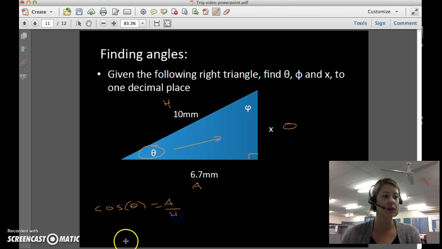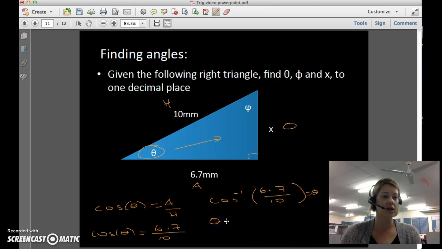So I have cos of theta equals A, which is 6.7 because they're both in millimeters, over H, which is 10. So then I'm going to have cos to the negative 1 of 6.7 over 10 is going to equal theta.